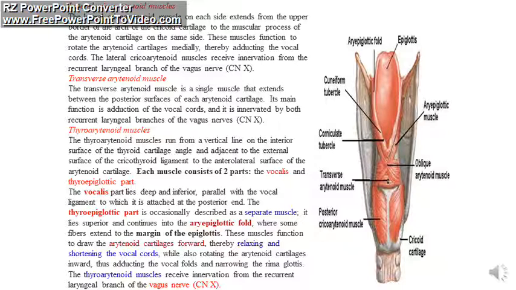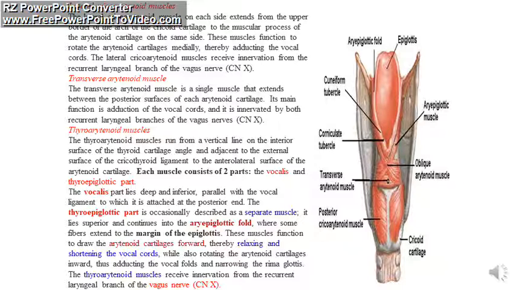The vocalis lies deep and inferior, parallel with the vocal ligament, and is attached posteriorly. The thyroepiglottic part is occasionally described as a separate muscle. It lies superior and continues into the aryepiglottic fold, where some fibers extend to the margin of the epiglottis.